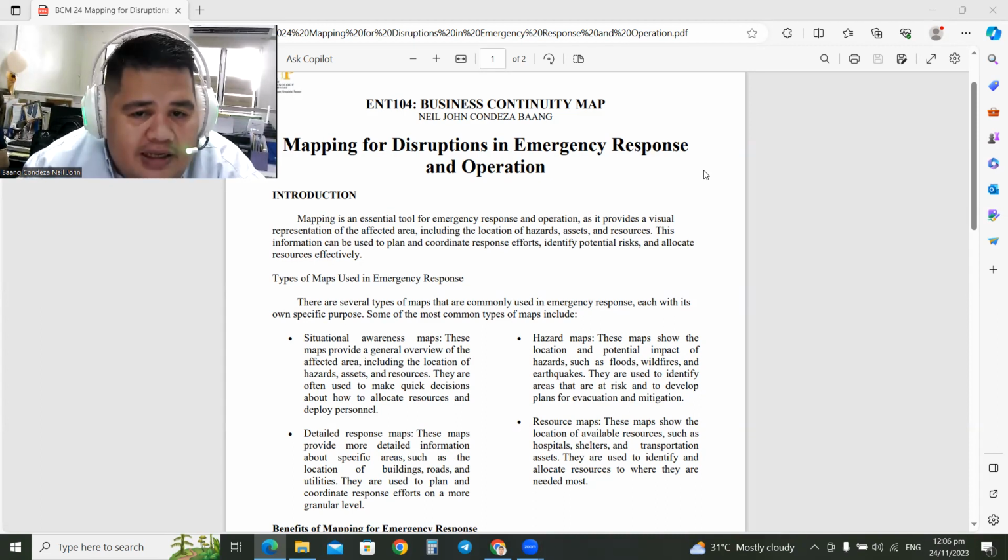So, why do we map the layout of our company? Not just in the company, at home we can also apply this. You, as potential professionals, will be employed in big companies, right?